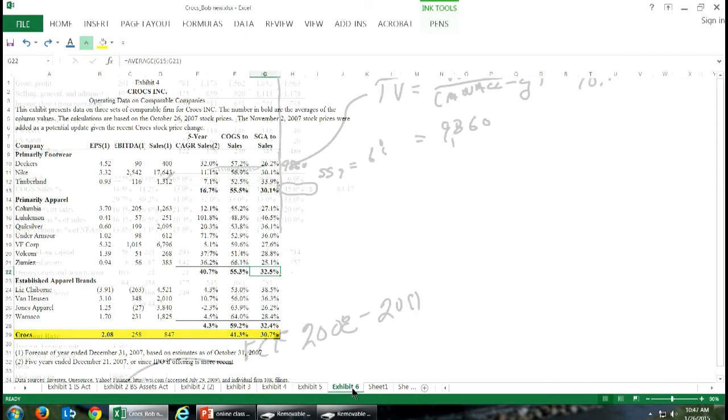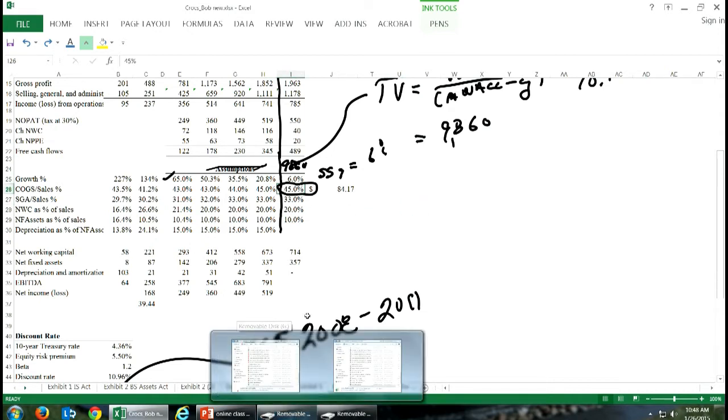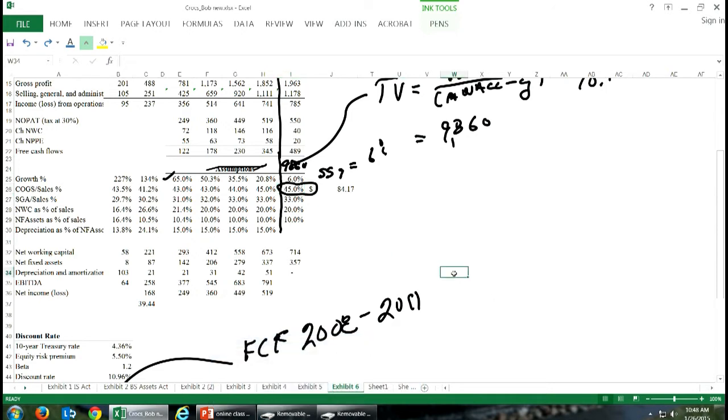So go back over to 6. We're assuming a rather substantial competitive advantage in terms of margins by assuming the cost of goods sold is 45%, which winds up with these high margins. And especially in steady state, we're continuing the assumption of a competitive advantage with 45% margins.